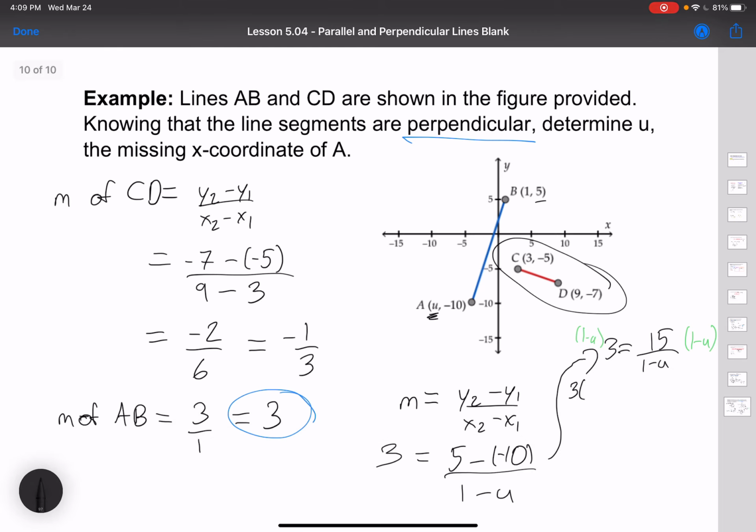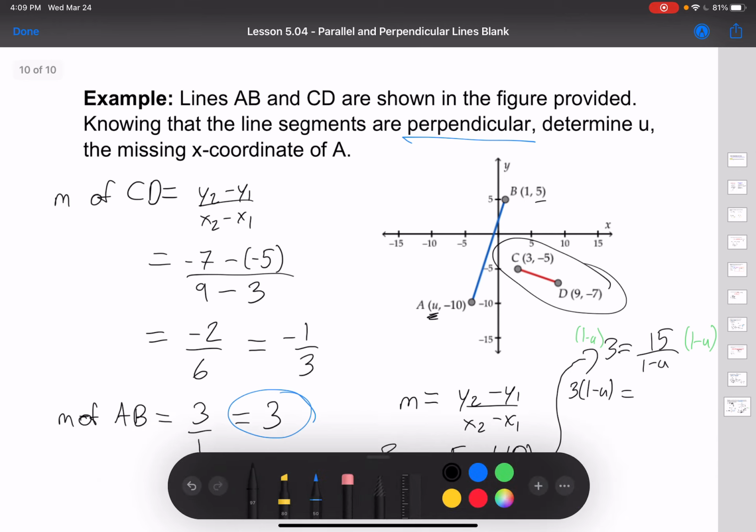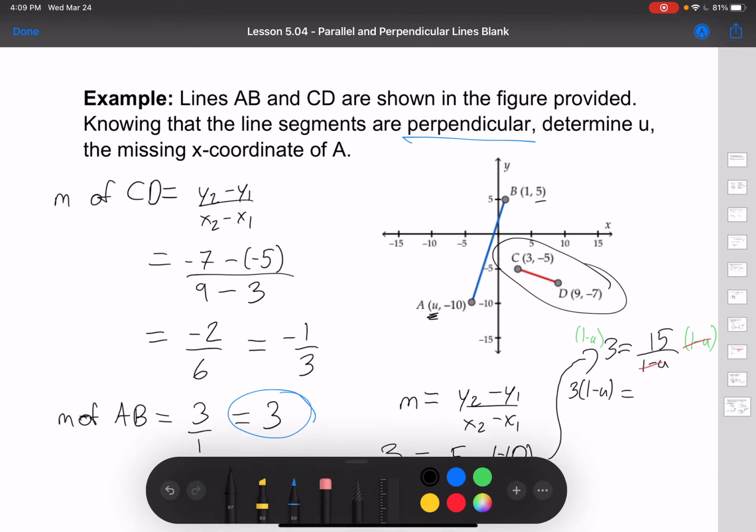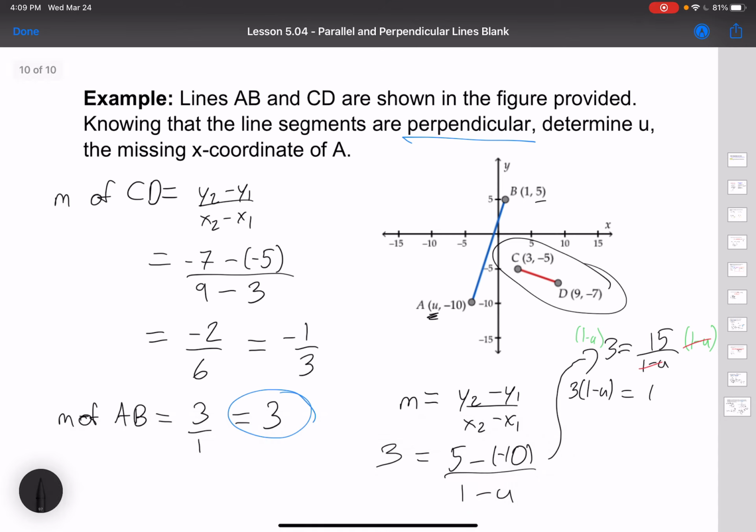So it'll become 3 times 1 minus u is equal to, on the right-hand side, just be careful, because that will cancel out, and so you're left with just 15. There's a couple ways you could go from here. What I'll do is I'll expand, so I'll do 3 minus 3u is equal to 15.